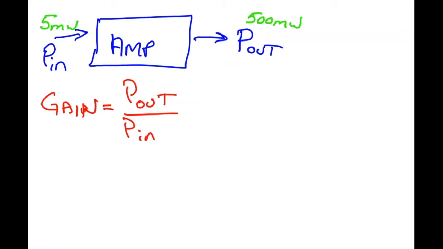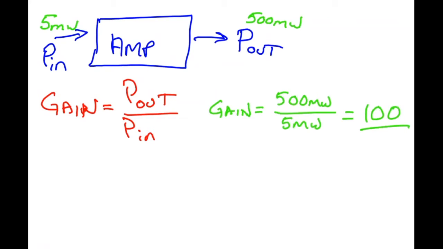Well, that would mean our gain, in decimal, is power out, 500 milliwatt, divided by our power in, 5 milliwatt. Our units cancel, and we end up with a simple decimal gain of 100.